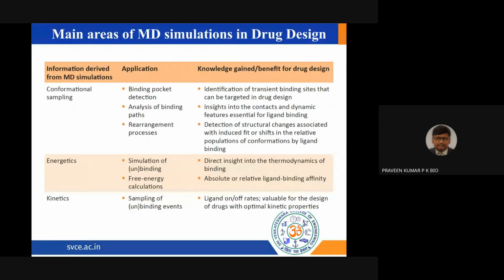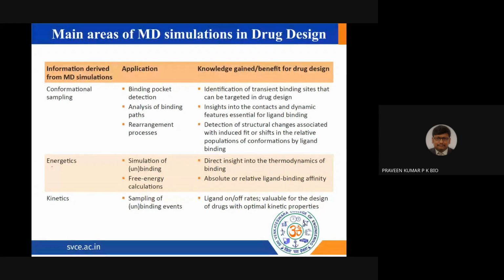I told you the Fredfield algorithm is that. But with respect to time, can you observe whether it is a steady state kind of binding? If you speak about a steady state, obviously we have to think about MD simulation. So identification of transient binding sites that can be targeted in drug design. And it can be used for analysis of binding paths and rearrangement processes.